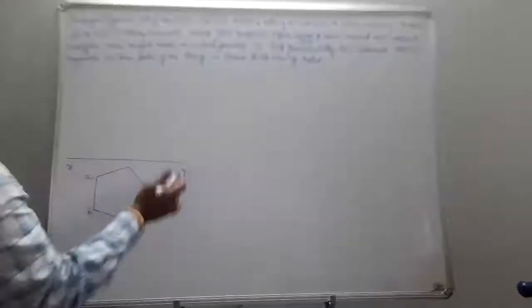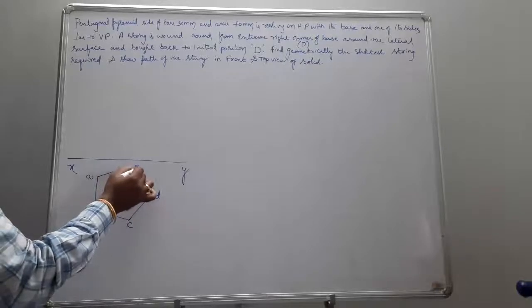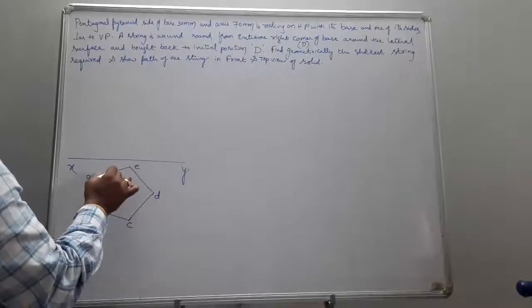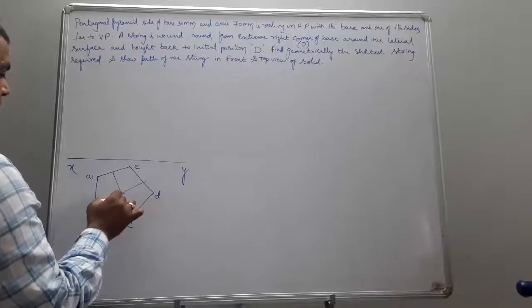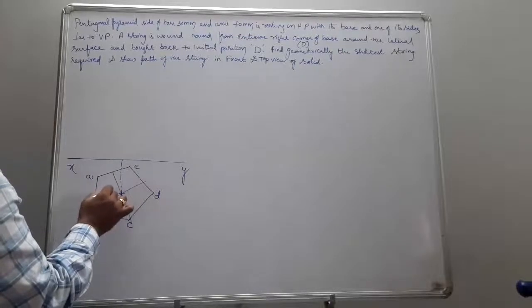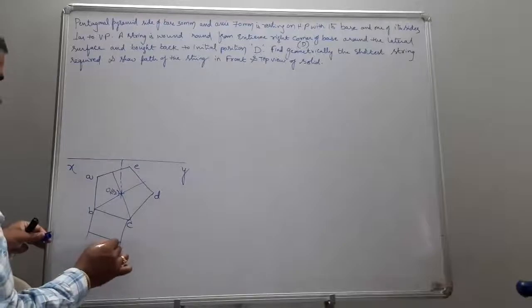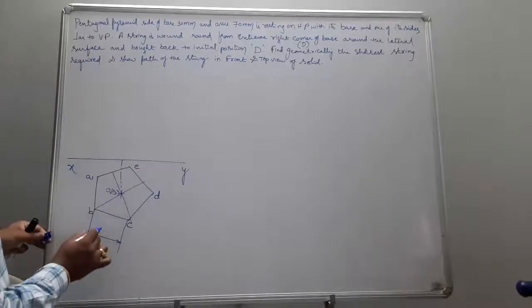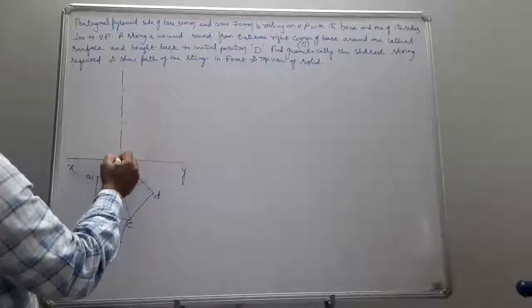Because the extreme right corner is given as D. So we have to consider this was D and E to obtain the apex point. So this was your apex while seeing from the top, o1 of o2. What was the given side? The given side is 30 and the height of the solid is given as 70.